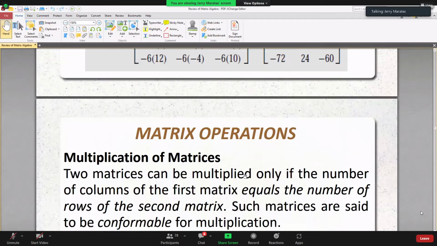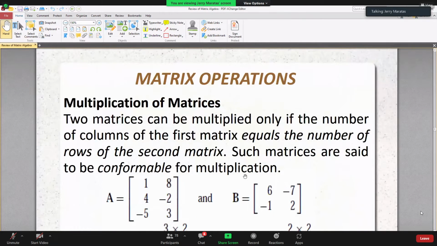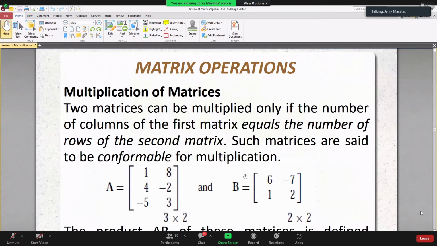And let's proceed to the more complex type of matrix multiplication. This is about multiplication of two matrices. Earlier was multiplication of a matrix by a constant or a scalar value. Now we have two matrices that we will multiply.